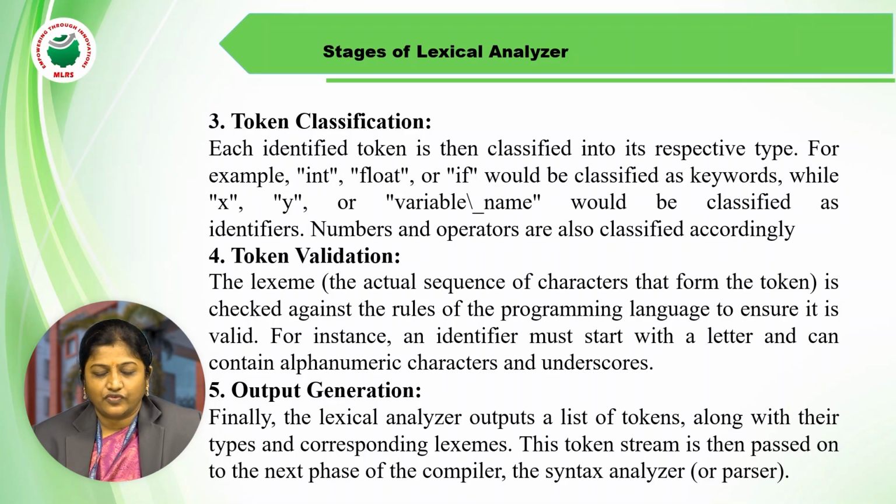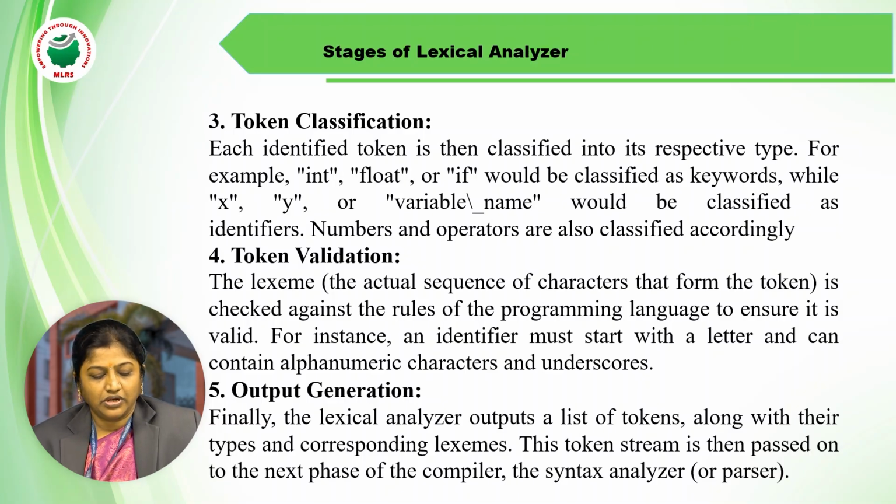For instance, an identifier must start with a letter, right? An identifier should start with a letter and can contain alphanumeric characters and underscores. Always an identifier should start with a letter.